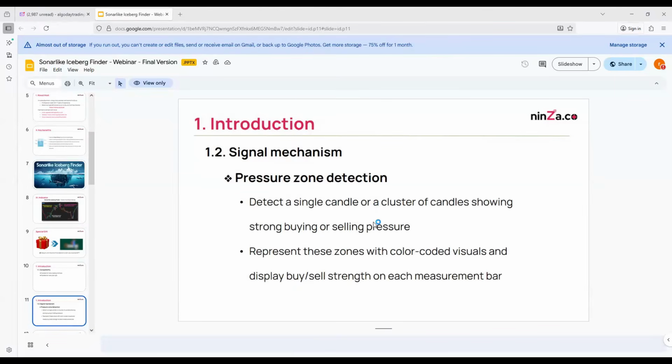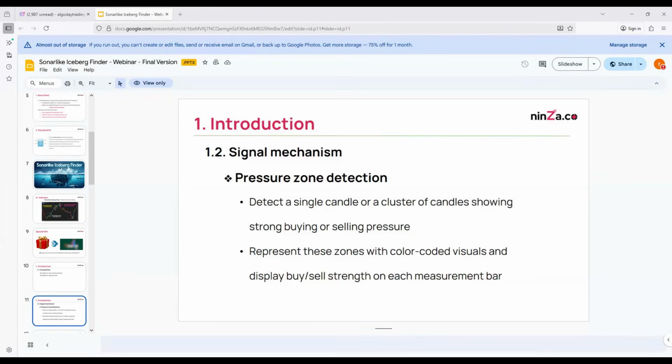Okay, so as I mentioned already, it looks for zones. Based on one candle or a cluster of candles, it tries to identify strong buying or strong selling, and that is a pressure zone.